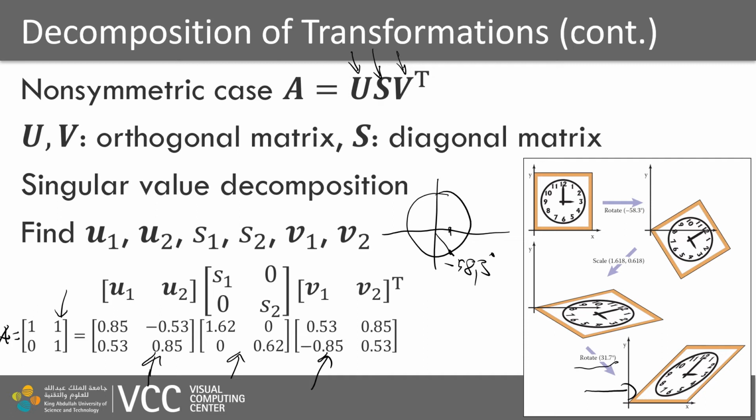So we are rotating it back, but not completely back, just partially back, and we end up in a shear. So a shear transformation can be decomposed into rotation, scaling, and rotation matrices.